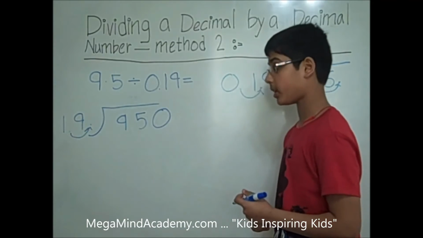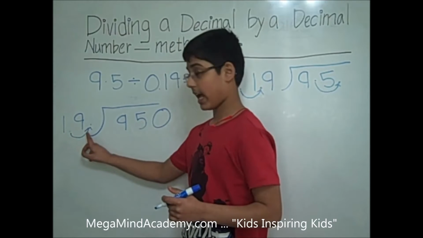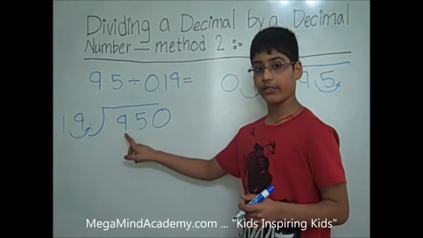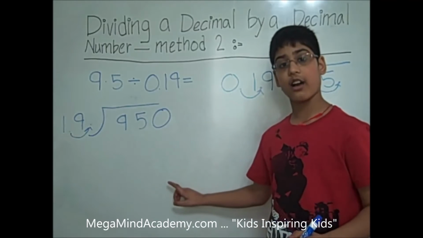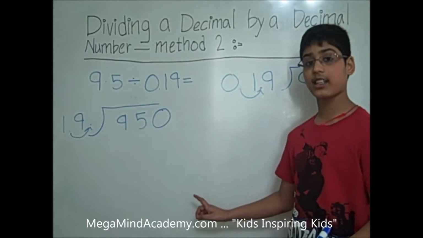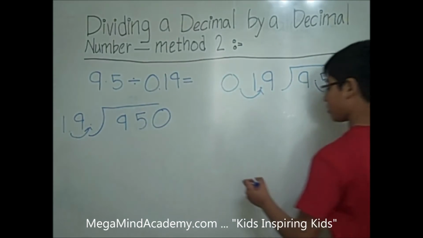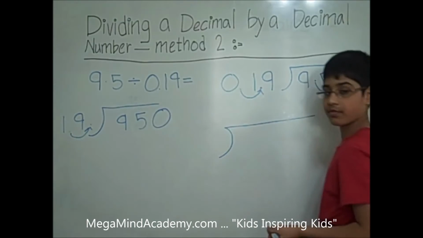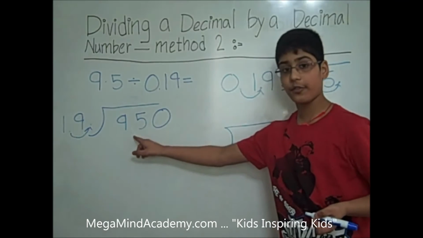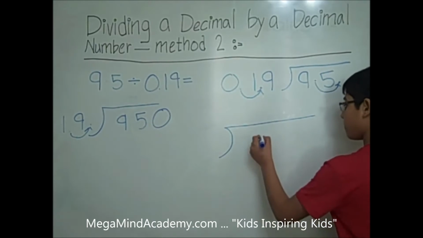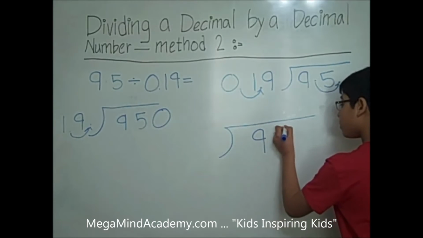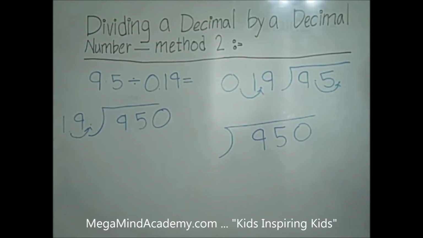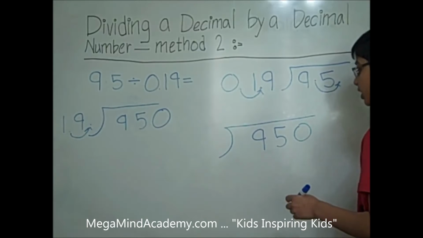So, instead of 1.9, we have 19, and instead of 95, we have 950. Now, let me rewrite this equation. We have our division sign, then we have 950 inside, 19 outside the division sign.